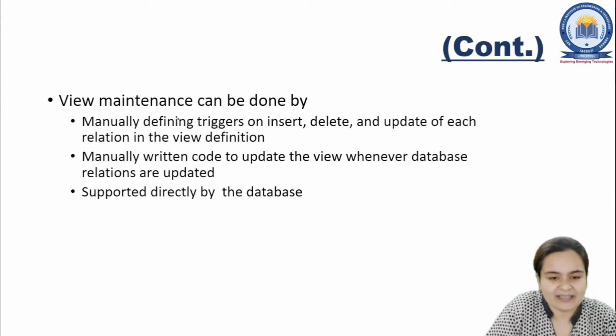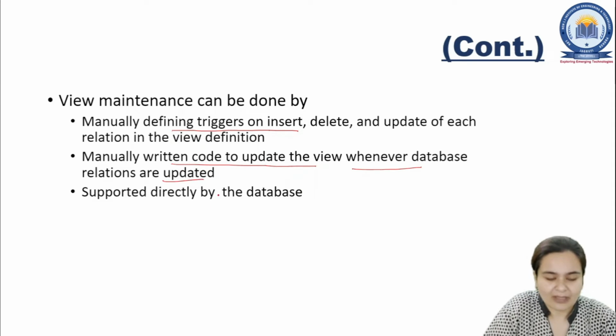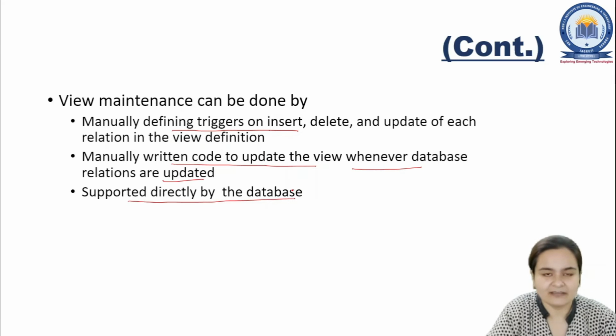View maintenance can be done by manually defining triggers on insert, delete and update of each of the relations that we have defined in the view, and manually writing code for updating the view whenever the database is updated for those relations, or it can be supported directly by the database.